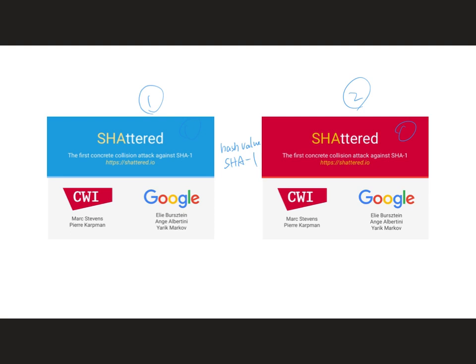They then leveraged Google's technical expertise and cloud infrastructure to compute the collision, which is one of the largest computations. Here are some numbers that give a sense of how large scale this computation was. In total, it is 9 quintillion SHA-1 computations.